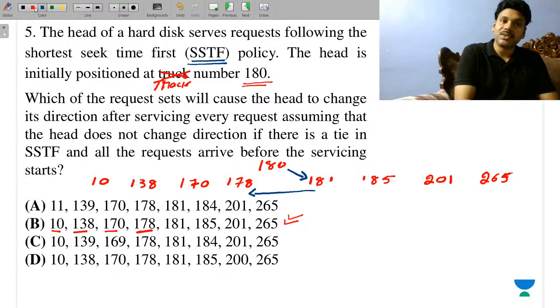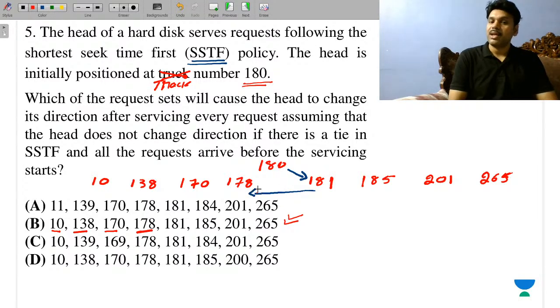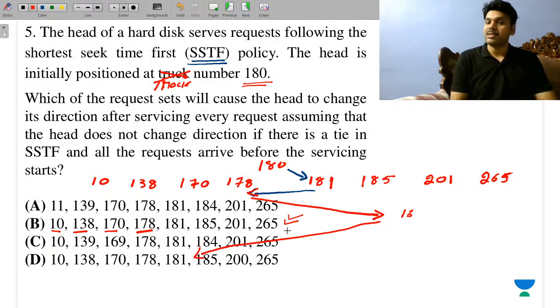Which direction is it going? So it is 181, it is 185. After satisfying this, the head got changed. If I go that side, it is taking 8. If I go this side, it is going to take 7. So the head got changed its direction. And if I go that side, it is taking almost 16. If I go this side, it is going to take 15. So it got satisfied.